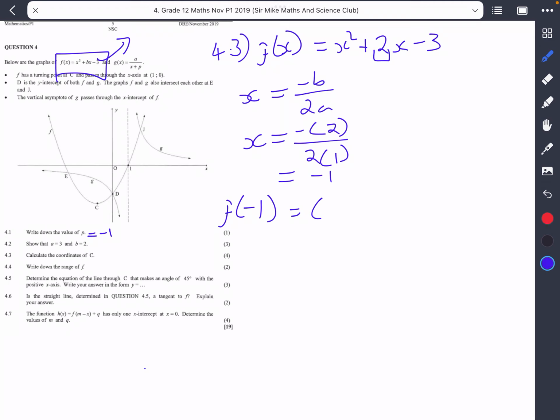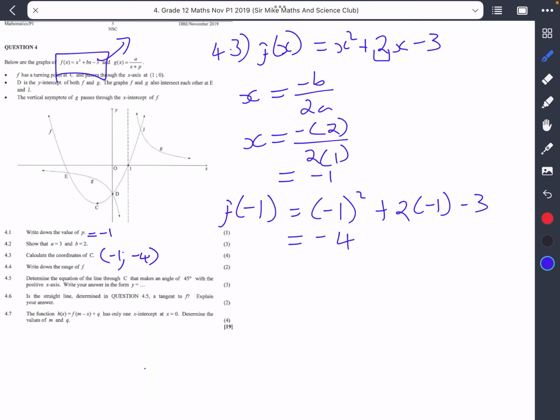This would be negative 1 squared plus 2 times negative 1 minus 3. This gives negative 5, and the square gives positive 1. Negative 5 plus 1 is negative 4. So the coordinates of the turning point are x equals negative 1 and the corresponding y value is negative 4.